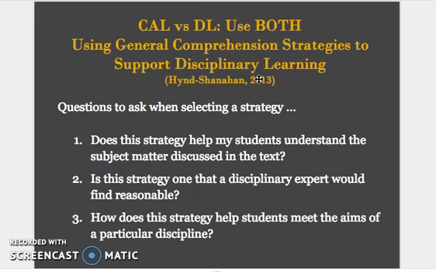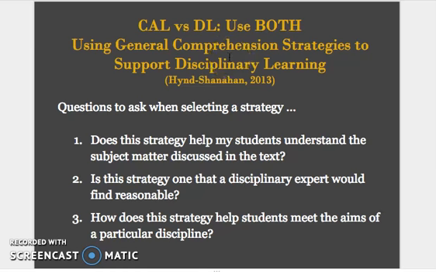Now, your goal may not be to produce an engineer leaving your 9th grade science classroom. However, that student can hopefully leave your classroom having some of the mindsets of a scientific thinker. And using some of these general comprehension strategies can definitely help your students get to that point.